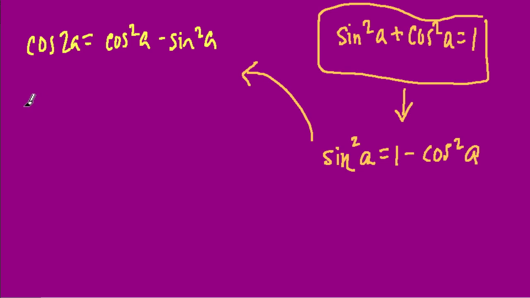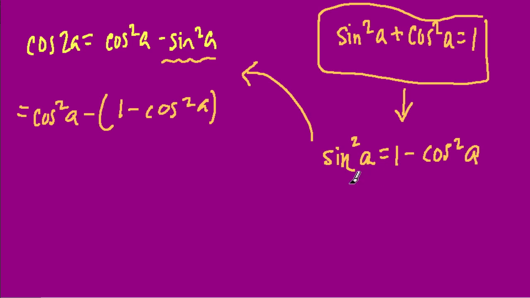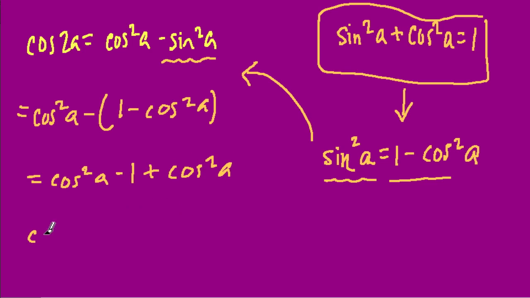So the cosine of 2A equals the cosine squared of A minus 1 minus the cosine squared of A, right? We plugged in sine squared of A equals 1 minus cosine squared of A. And this is going to be equal to cosine squared of A minus 1 plus cosine squared of A, which means that the cosine of 2A equals 2 cosine squared of A minus 1.